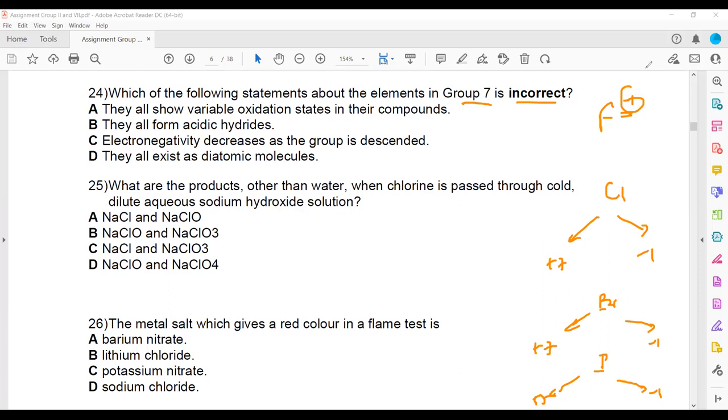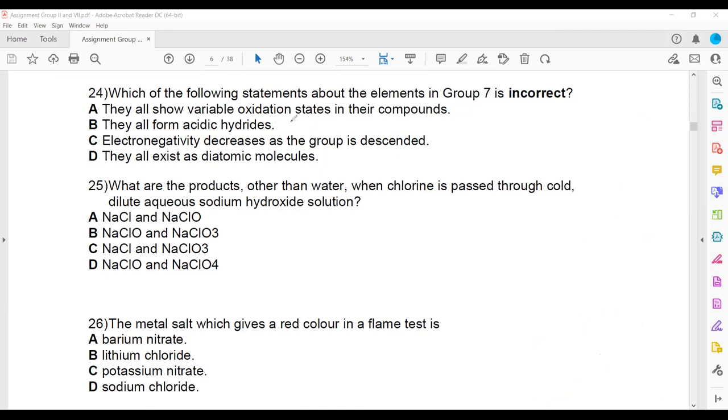But chlorine, bromine, and iodine may have a positive oxidation state, depending on the other non-metal with which they combine. So option A is incorrect. They all form acidic hydrides, because we have hydrogen fluoride, hydrogen chloride, hydrogen bromide, and hydrogen iodide. These all are acidic hydrides.